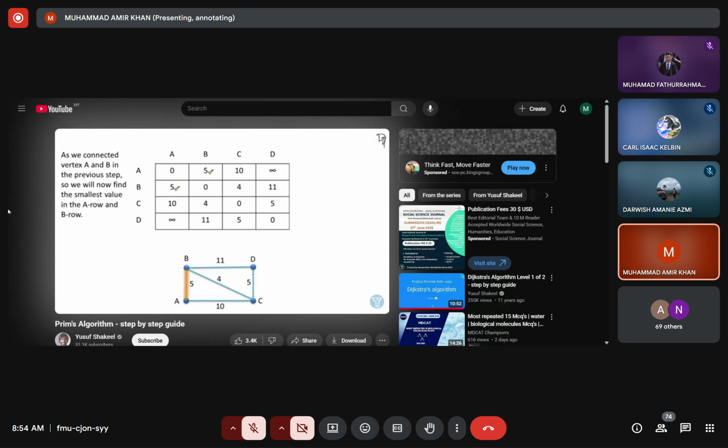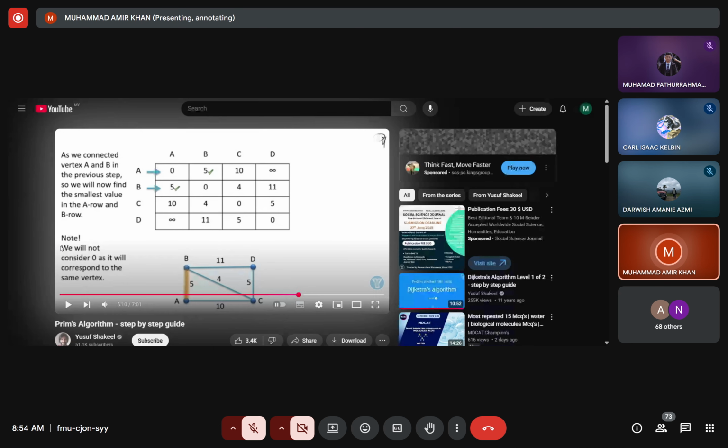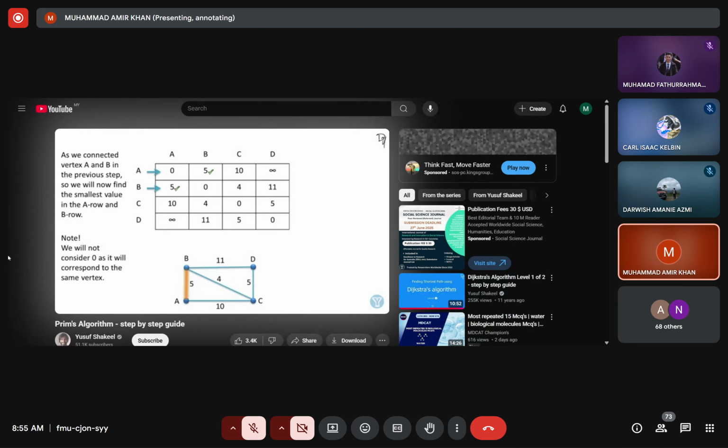So what is the smallest value in rows A and B? 4, because 0 will not count, as 0 corresponds to the same vertex. So the weight will be 4. The smallest value is cell BC, which is 4.